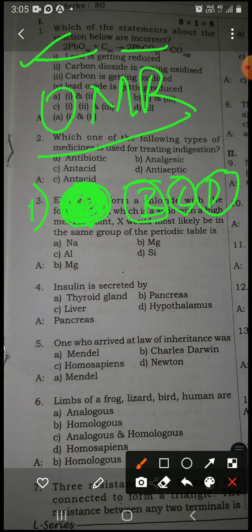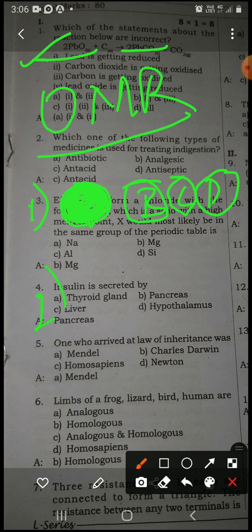Gel pens are not allowed, and even pencil is not allowed. Here you need to use only ball pens, blue or black, preferably blue. So the first answer you need to shade like this.